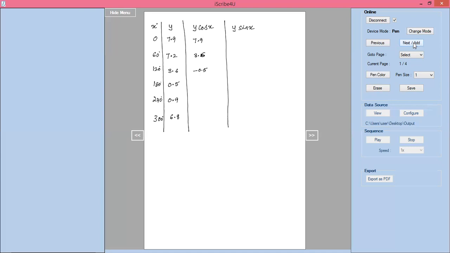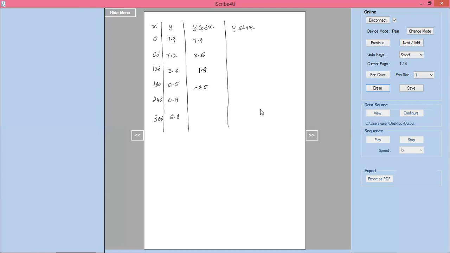Next, 0.5 into cos 180 should be minus 0.5.